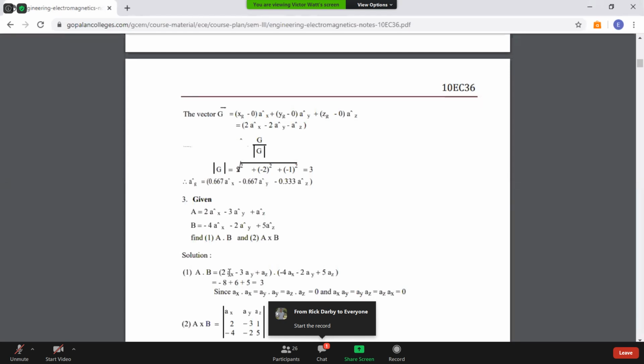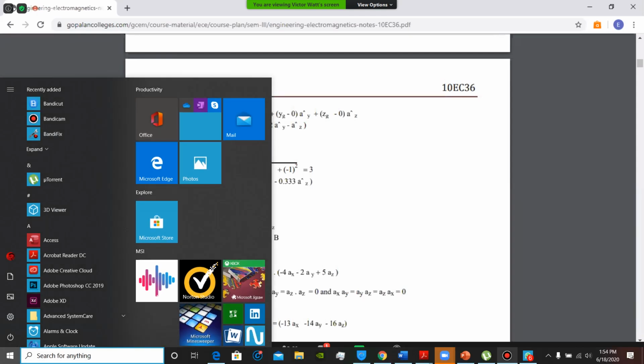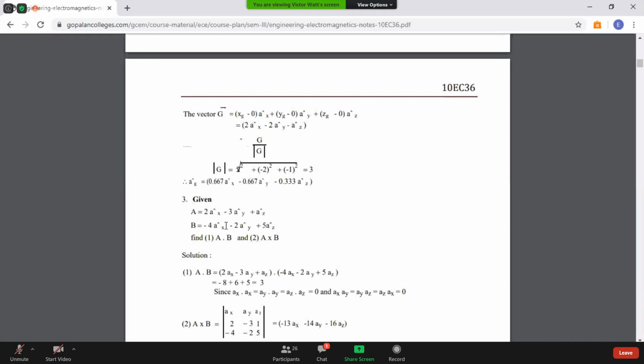AX, which is 2AX, dot the entire B. So 2AX dot minus 4AX would give you minus 8, because the angle between AX and AX is 0 and cosine of 0 is 1. Agree? Yes, sir. So that would be minus 8.